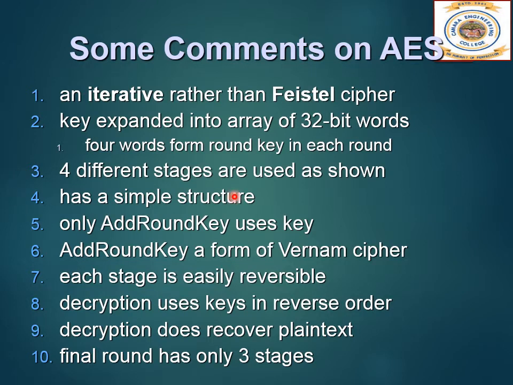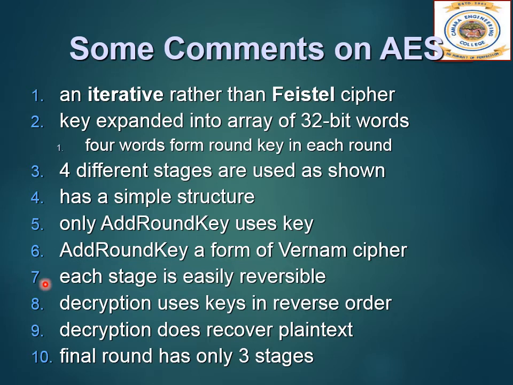AES has a simple structure for both encryption and decryption. The cipher begins with the add round key stage, followed by 9 rounds that each include all 4 stages, followed by the 10th round, which has 3 stages. This also you have seen. Only the add round key stage makes use of a key. Hence, the cipher begins and ends with the add round key.